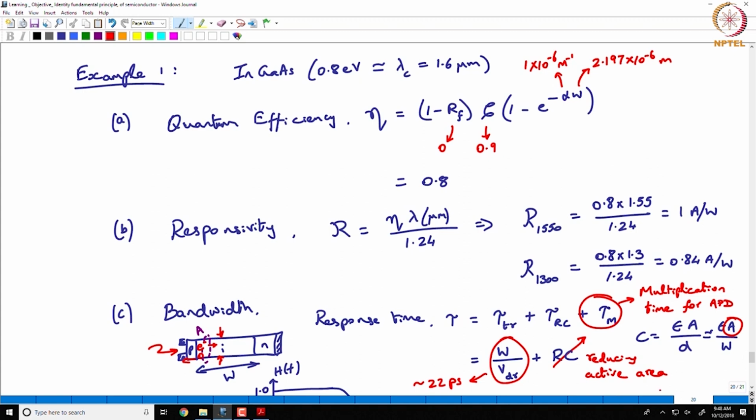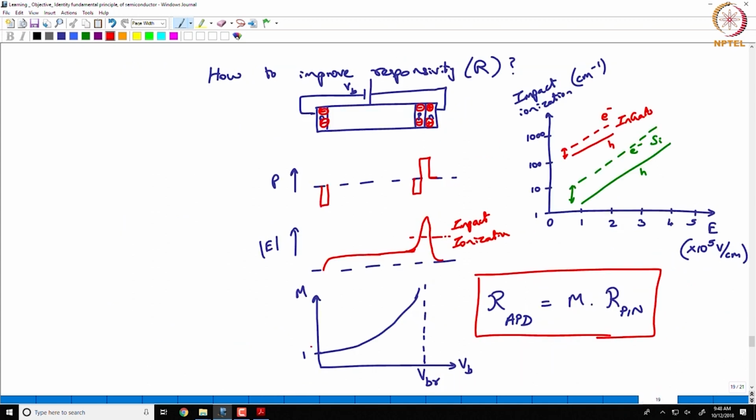And if we go back and look at what we discussed yesterday, the APD without much bias actually has an M of 1. So, effectively at this point it behaves like a PIN. So, you take an APD and the bias voltage is 0, that effectively will act like a PIN photodiode.